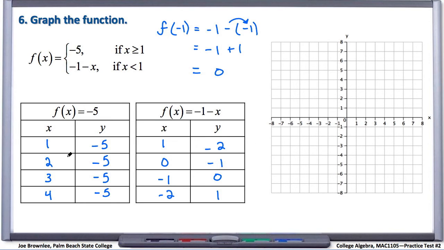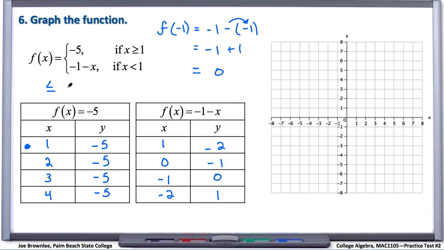Let's go ahead now and graph. Let's plot each of these points. We have to be careful here and remember what these inequalities mean, because at the point 1, -5, since that point comes from the first piece of our function and the domain restriction here, the inequality was greater than or equal to, remember, we've got to plot this particular point with a closed circle.